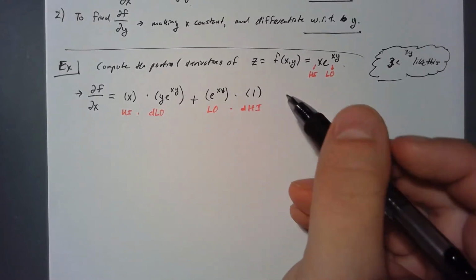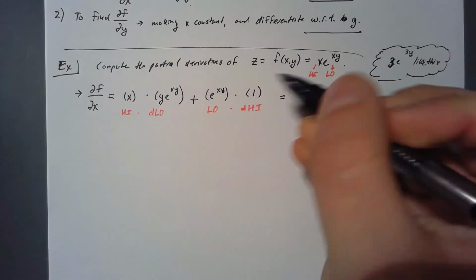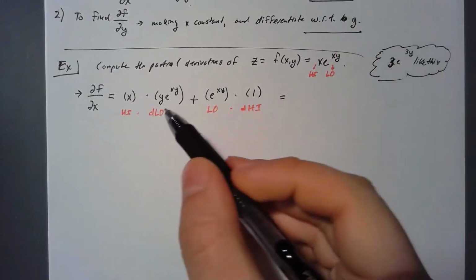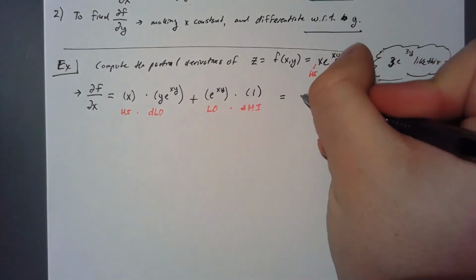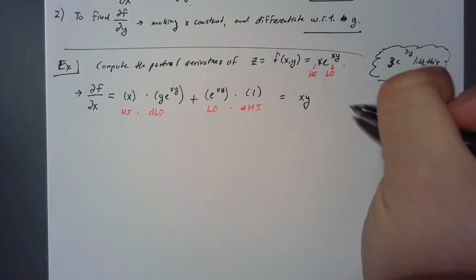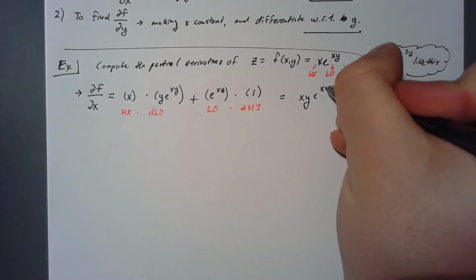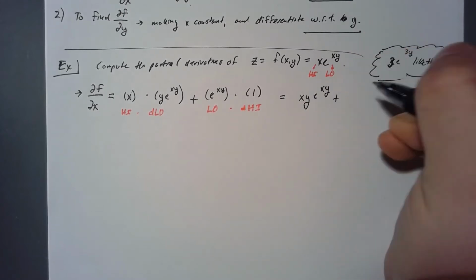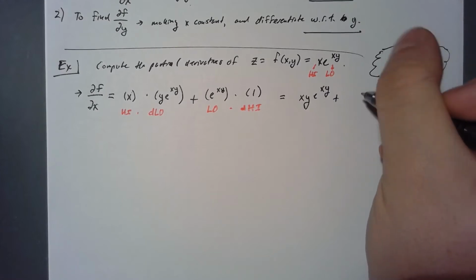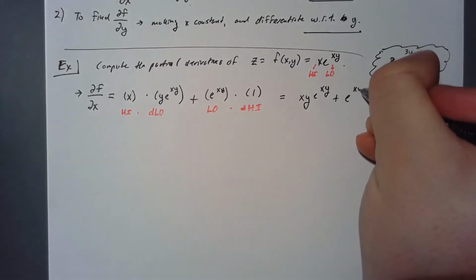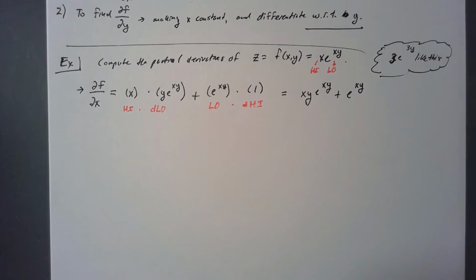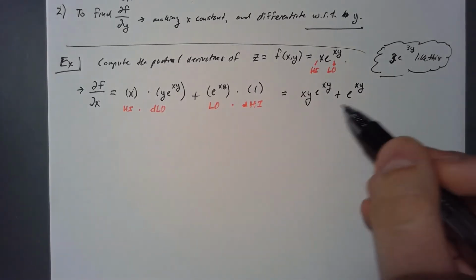So that right there is the partial derivative of f with respect to x. You can clean this up and write this as xy e to the xy plus e to the xy. Now right there is the partial derivative with respect to x.